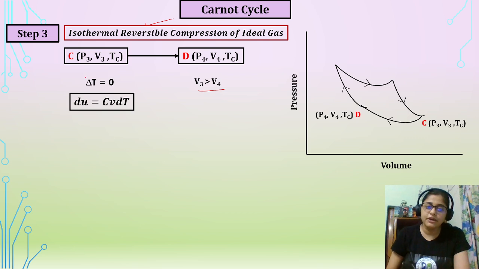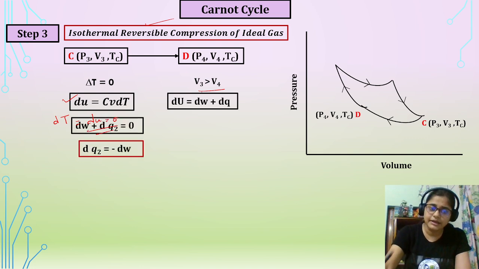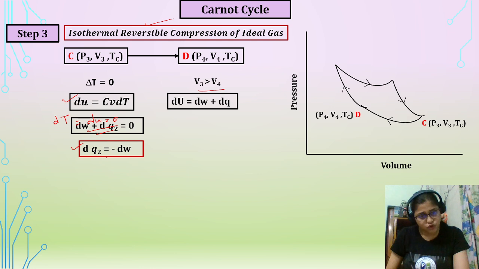Now dU equal to Cv dT we know. dU equal to Cv dT and dT here is 0, so dU will be 0. If we put dU as 0, then again it will be the same as previous: Q2 will be minus dW.